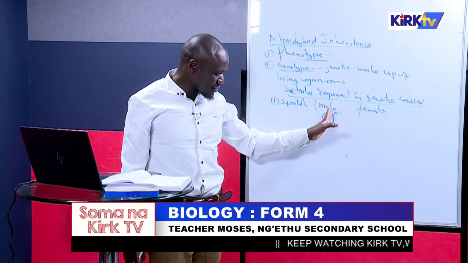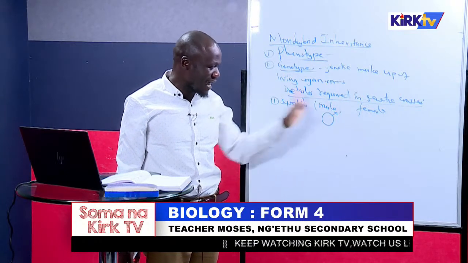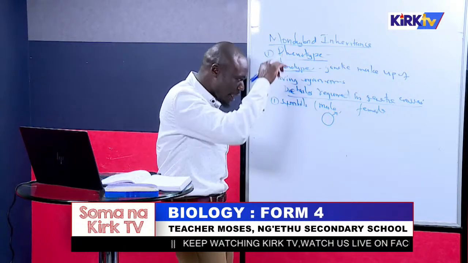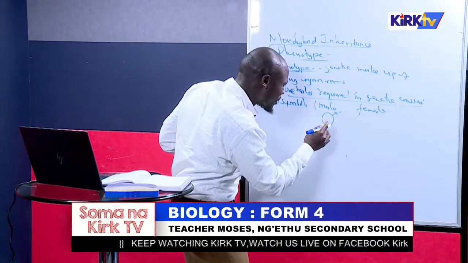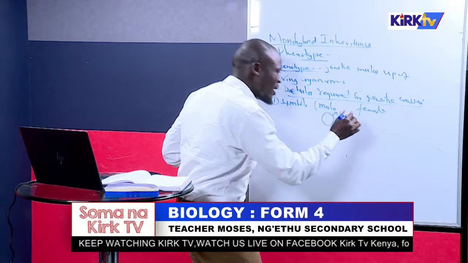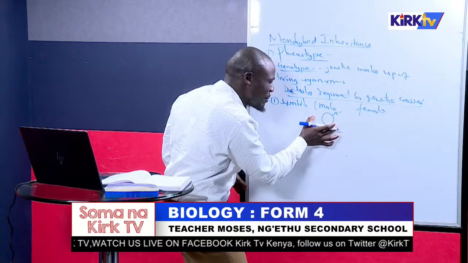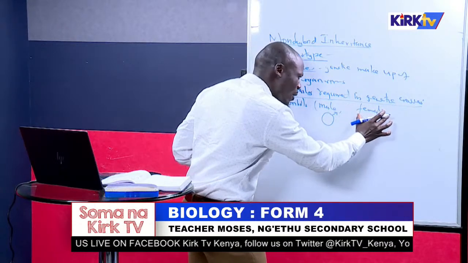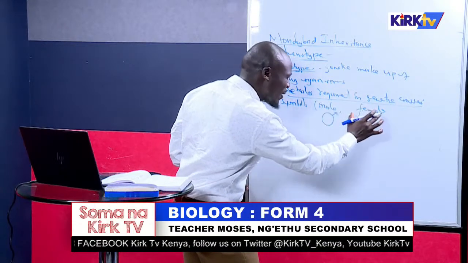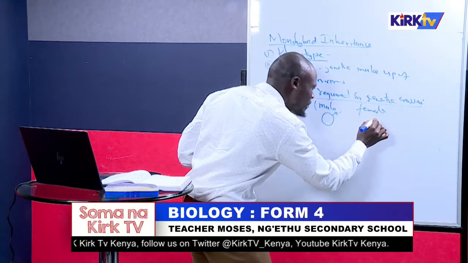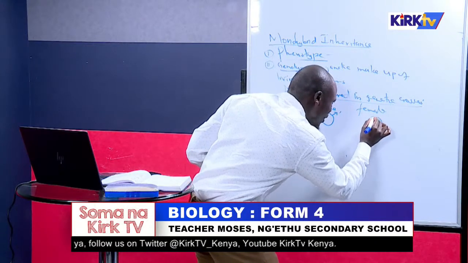It should only touch the edge, and it should not be left hanging. It must touch the edge of the circle. This one represents the male, sorry. And if you want the one representing the female, you'll have a symbol like this one.